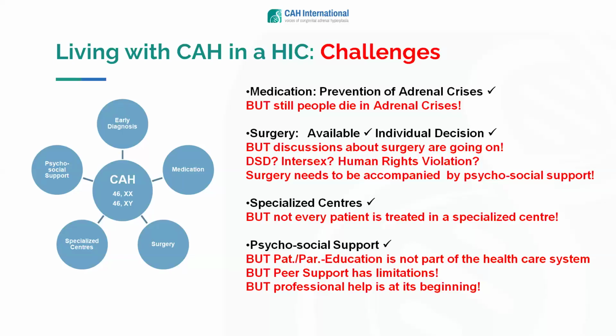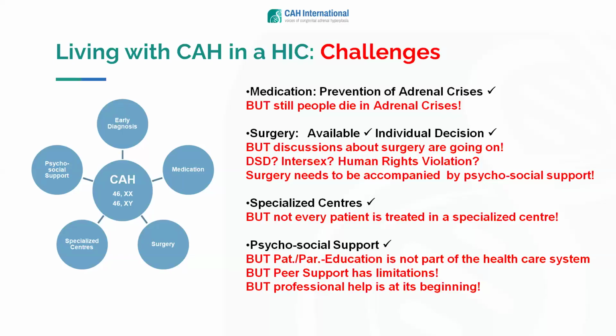Yes, we have then the next point, surgery. Surgery is available in many countries. We found a very good way of finding the way for the decision whether to perform surgery or not.